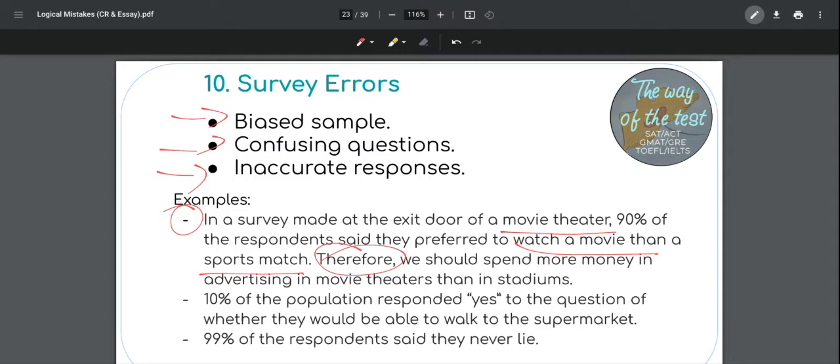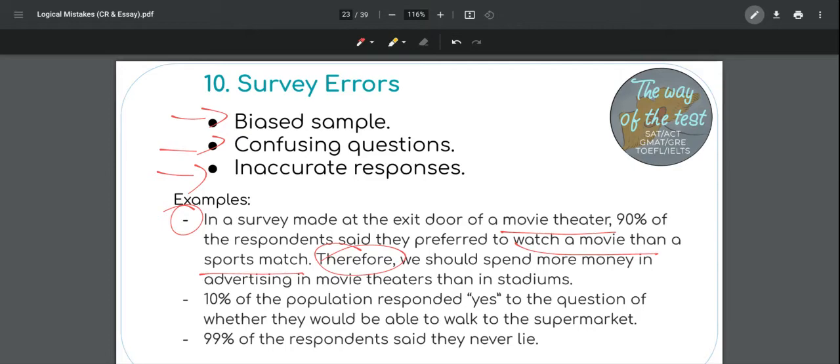So that doesn't mean that you should allocate more money to advertising movies. It just means that you need to hire another person to make polls, because you shouldn't just be polling your general audience outside a specific entertainment facility, right? So you should go to stadiums, you should go to restaurants, you should get a randomized sample.